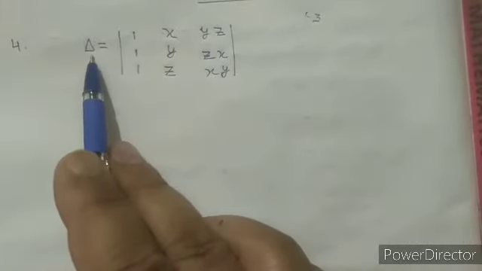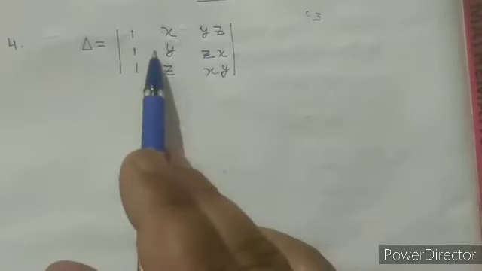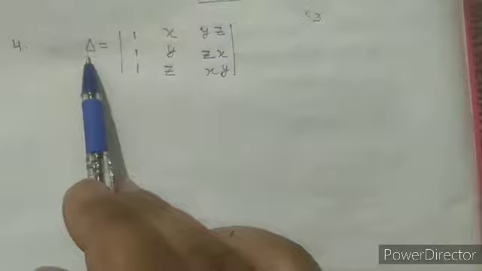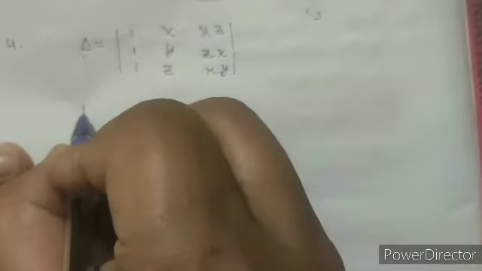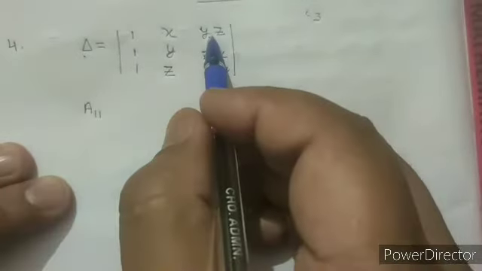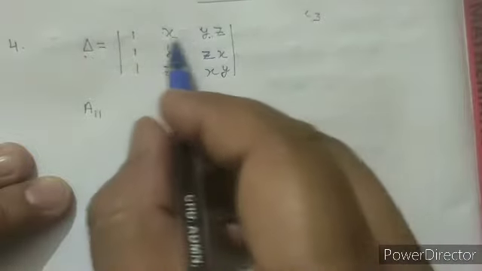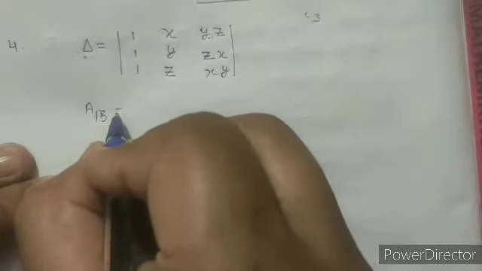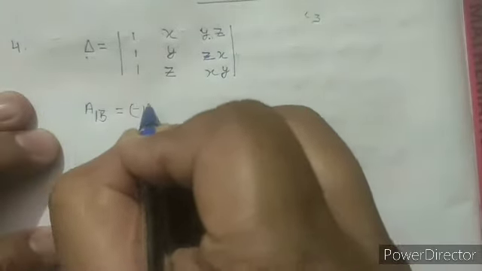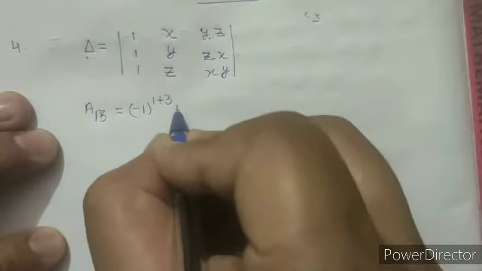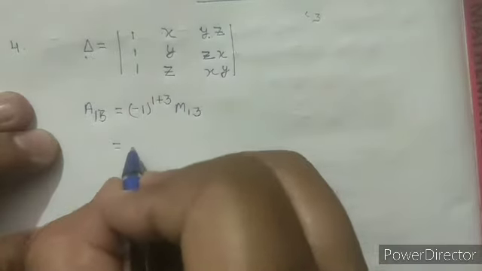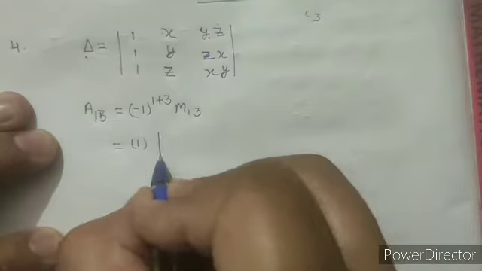Now in question 4 we have to find the minors and cofactors of the third column, and then evaluate the value of delta. Here in the third column, the cofactor of the first element, that is row 1 and column 3, A13, will be equal to (-1) raised to power 1 plus 3 into the minor of 1 3, and that is (-1) raised to power 4, which is 1, times M13.